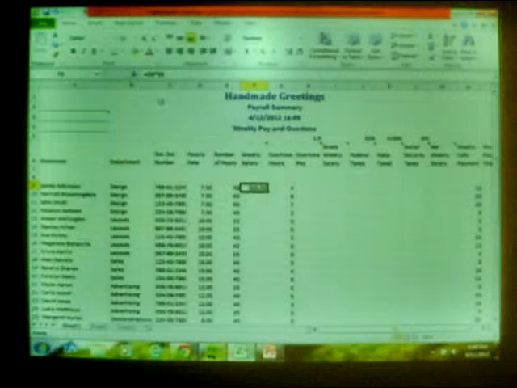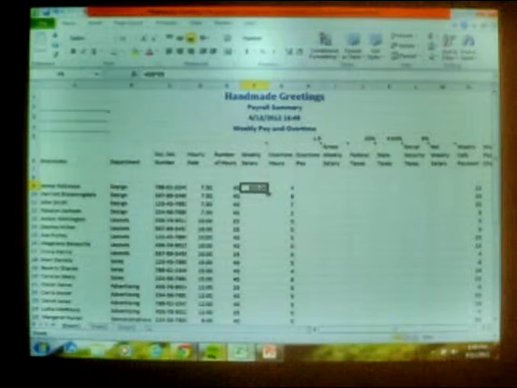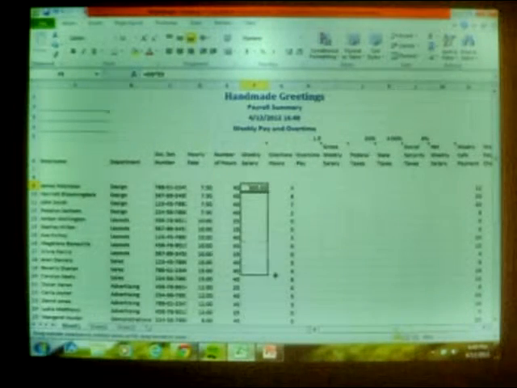Then I'm moving my mouse pointer to the formula bar to enter. And so you see he has earned $300 for this week. And now I'm going to copy that formula to the other employees by using my fill handle. Okay. So now we have the weekly income of all of our employees.